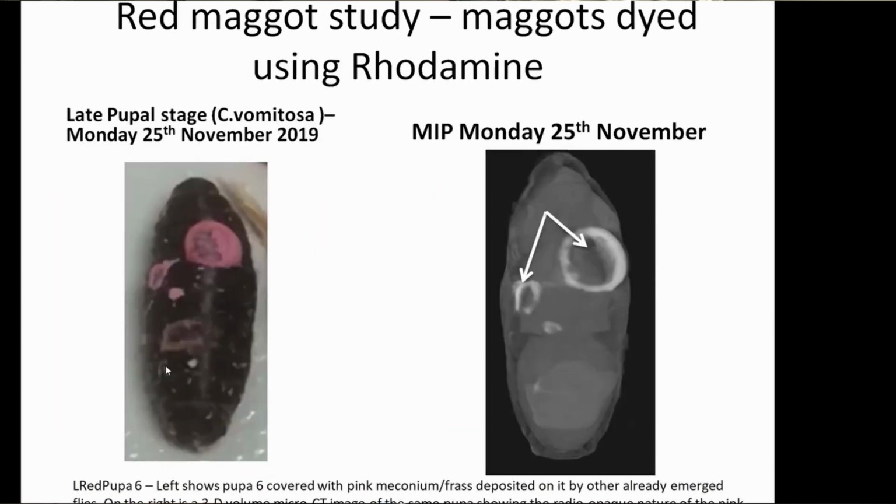So this is a pupa which one of the other flies has indiscreetly defecated on top of, and I want you to see that when we look at an X-ray as opposed to just a colour picture, you can see a lot of that material being passed.